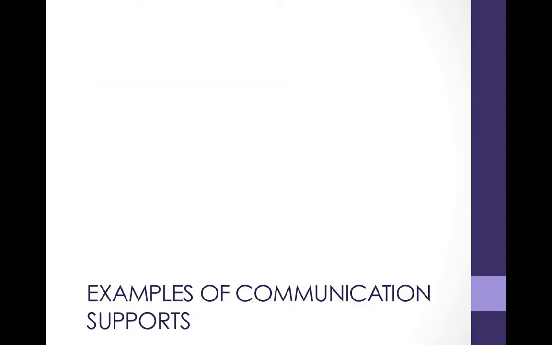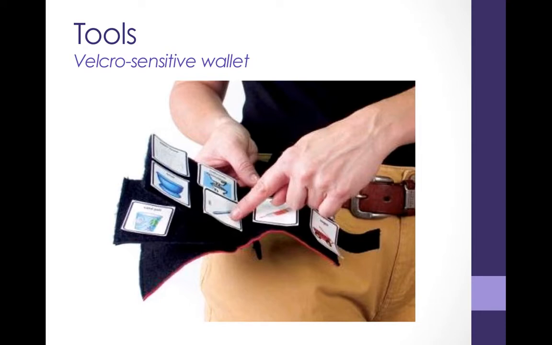Okay, so we're going to continue to look at some of the different materials, but now we're going to see them in the form of actual communication supports. So here's an example of that Velcro sensitive material in the form of a wallet. This is actually a commercially available wallet, but no reason you couldn't make this yourself.